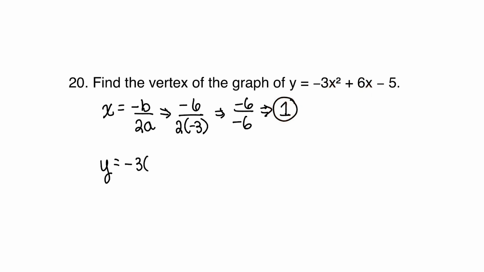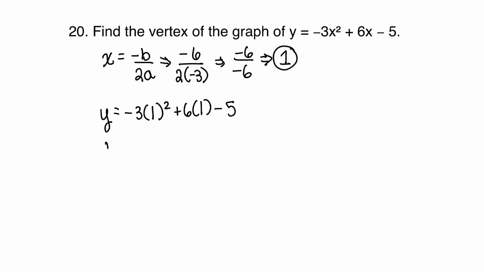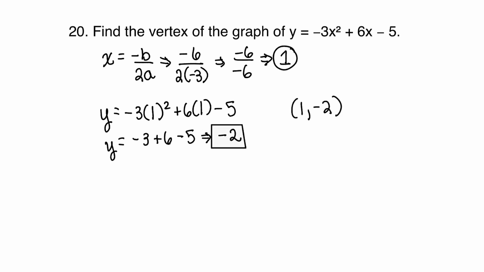So we have negative 3 times 1 squared plus 6 times 1 minus 5. This is going to be y equals negative 3 plus 6 minus 5, or negative 2. So the final coordinates for our vertex are going to be 1, negative 2.